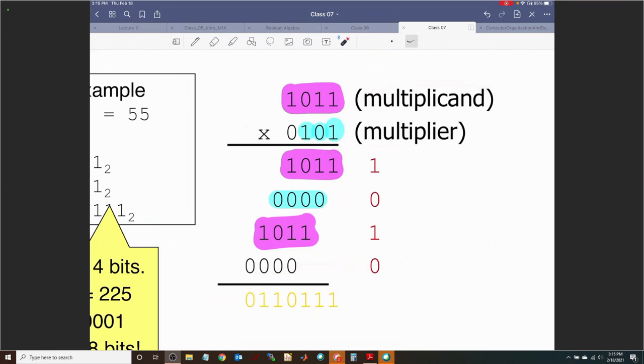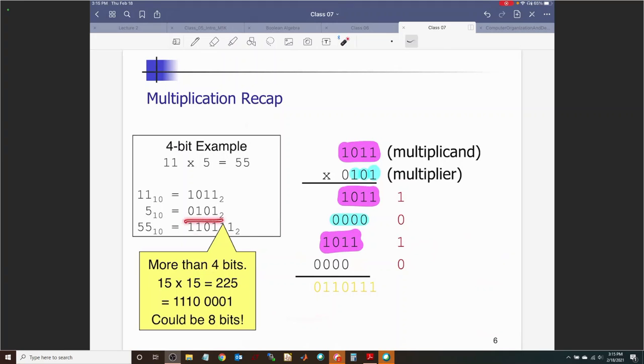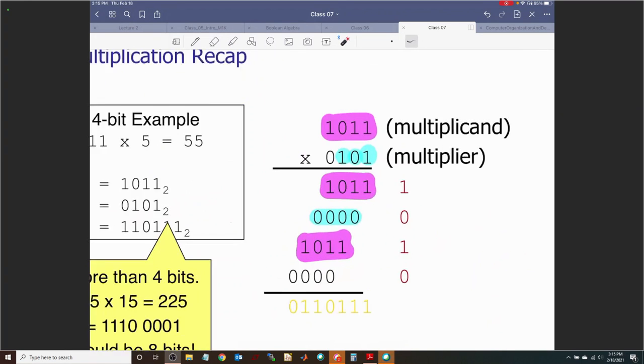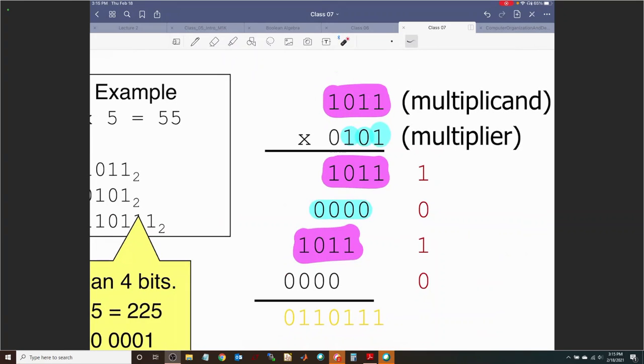Once you do all of that, you add everything up and you get your overall answer. And this matches 55 in decimal. So what did we learn here? When you're doing multiplication in binary, the partial products you get are either going to be copies of the multiplicand or they are going to be zeros.